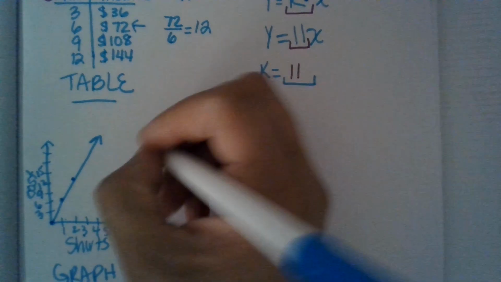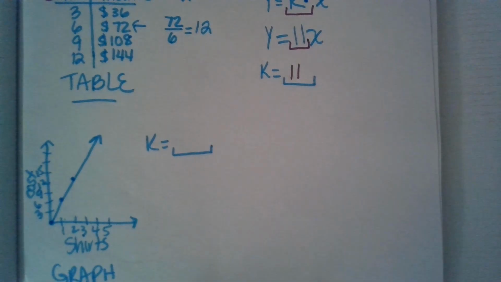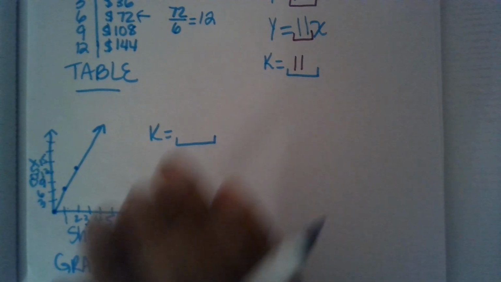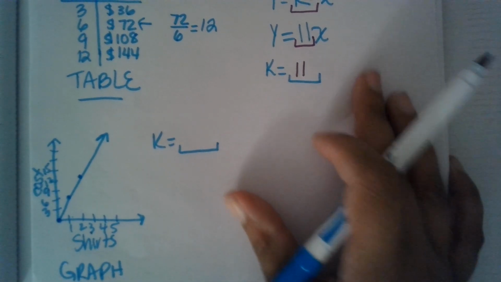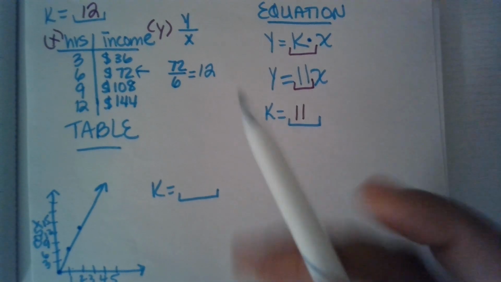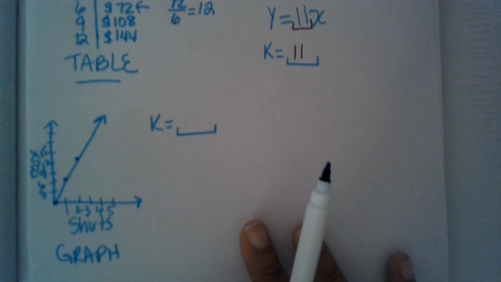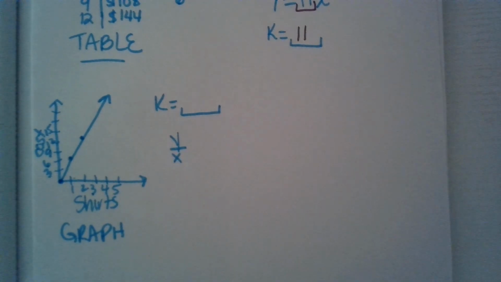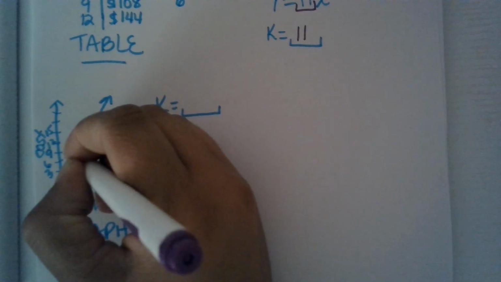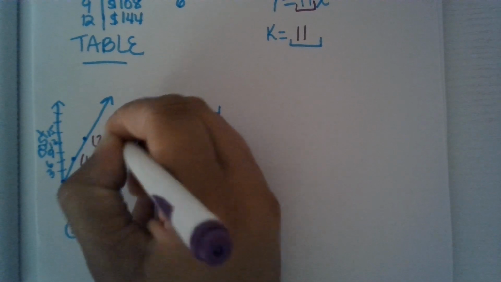So when I need to find K on a graph, it is no different than finding the magic number on a table, because you still need to use Y over X. In the scenario of a graph, you can pick any point on the line. For instance, this is (1, 6), or you can use (2, 12).